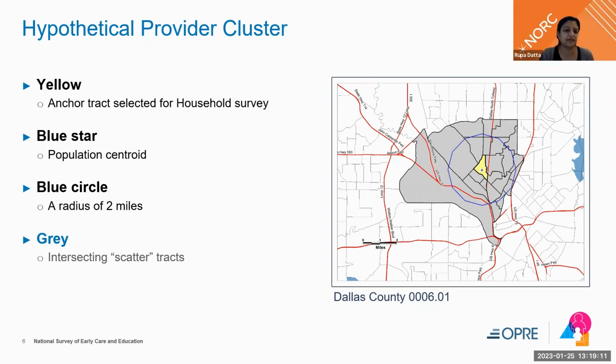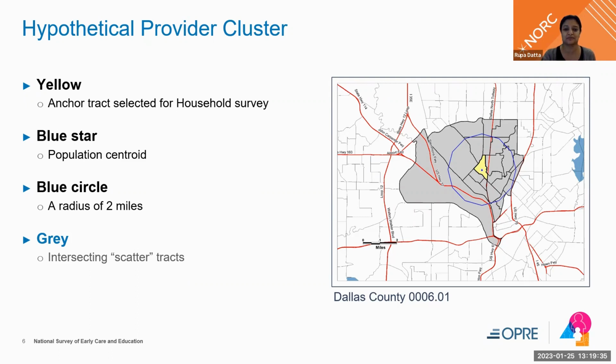The other thing I might add, Alana, is that, as you alluded to, we sampled roughly the same number of households in each of those anchor tracts across the country. We would have liked to do that with providers, but there aren't always providers there to be sampled.